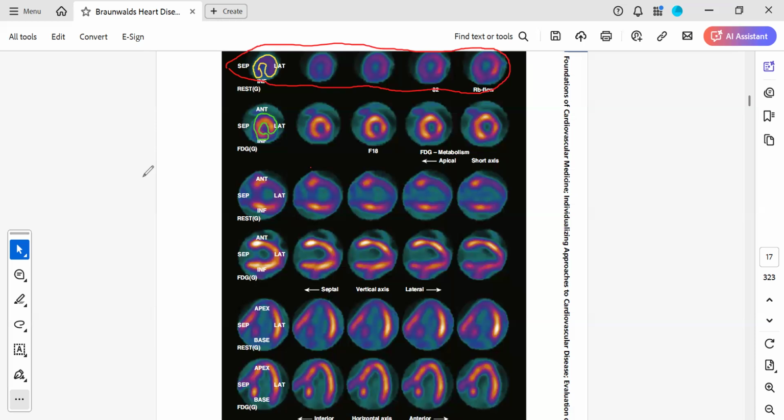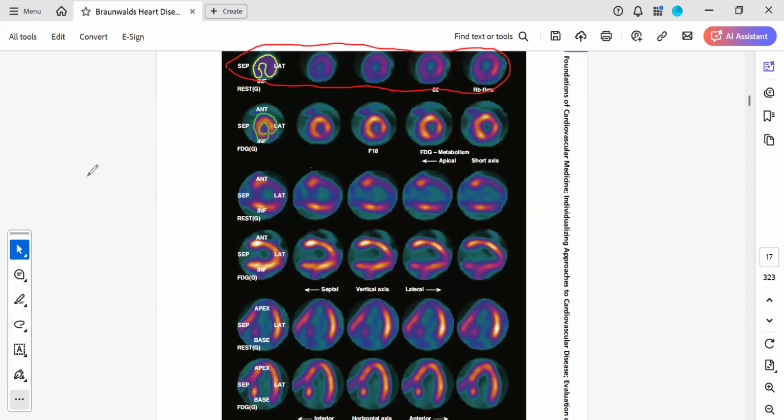So we are testing for viability when we are using a metabolic agent here, just to show that even though there is reduced perfusion, the tissue is still utilizing glucose, FDG glucose. That means the tissue is still alive. Is this clear? I need to be sure this is clear. Yes, clear. Good.